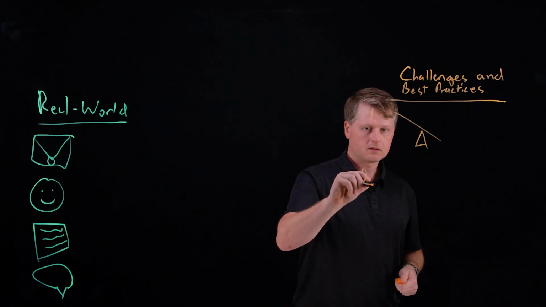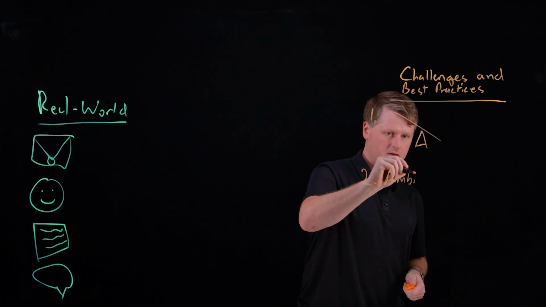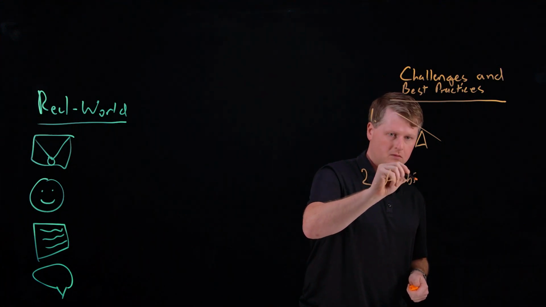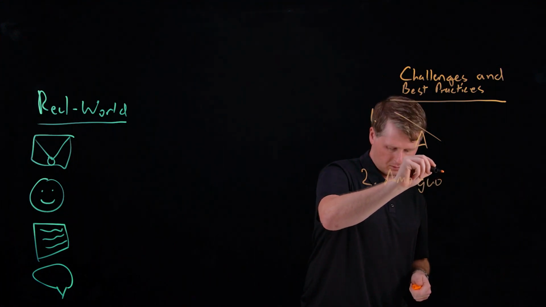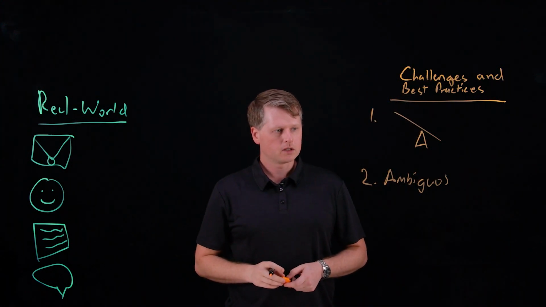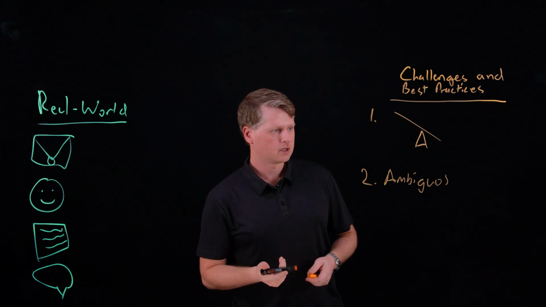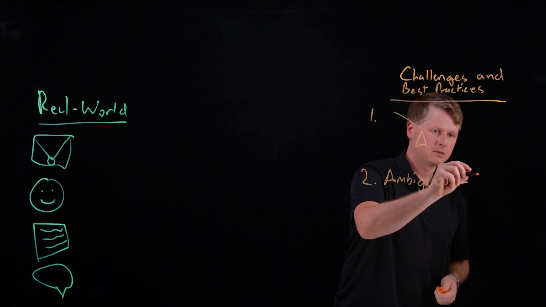The second is what's called ambiguous text. And this one's a little bit gray, and it's relative to each use case. But the example I like to give is the word bank.